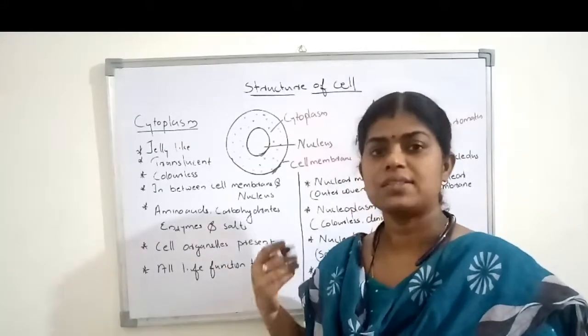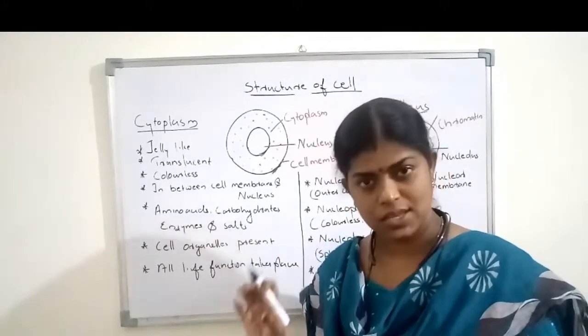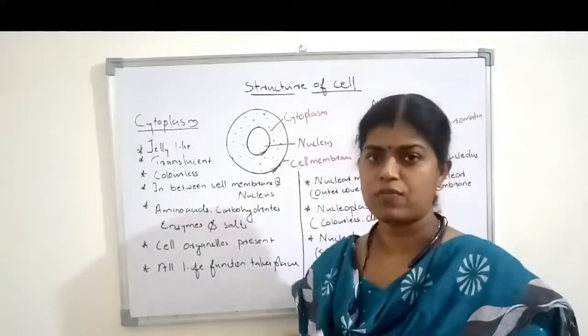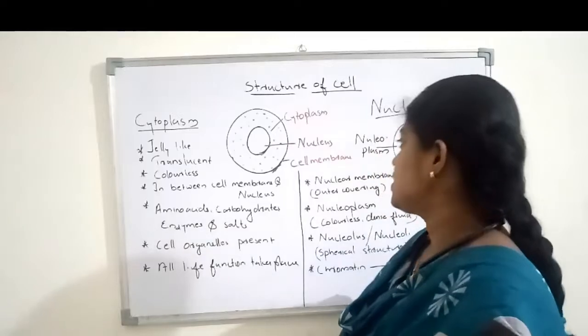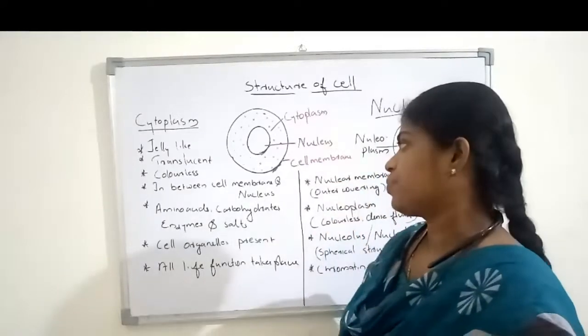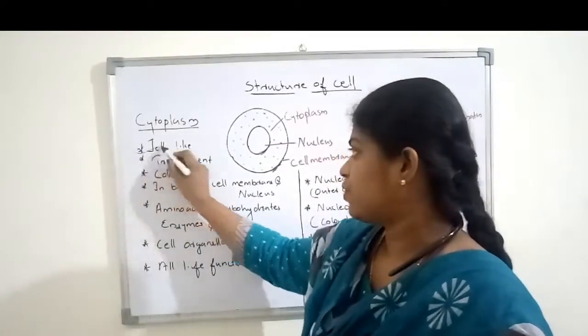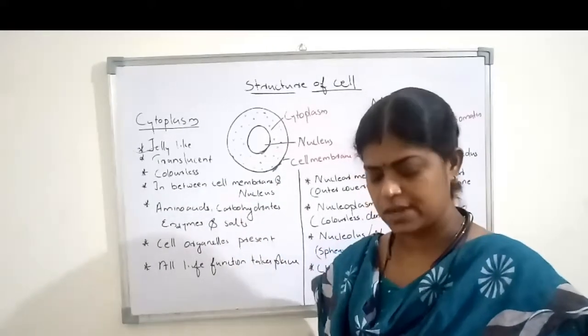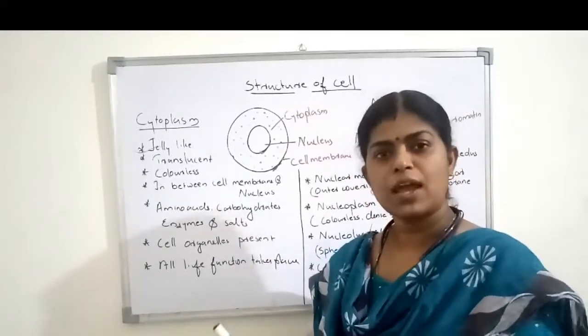Cytoplasm means a jelly-like fluid which is in between the nucleus and the cell membrane of a cell. And it is a jelly-like fluid and it is translucent in nature. What do you mean by translucent? It is not permitting full light to pass through.